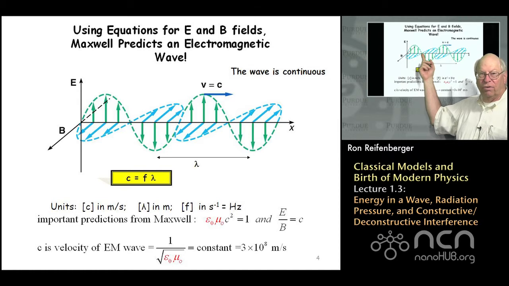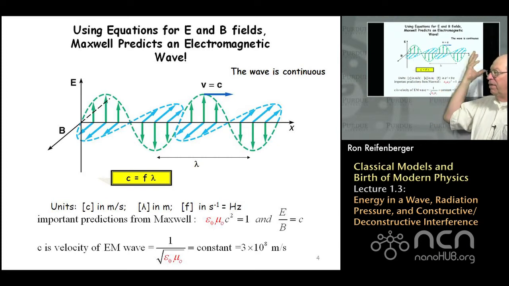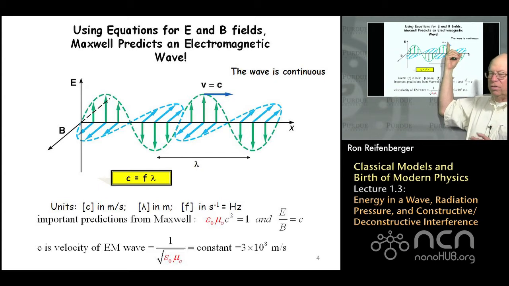Whenever the electric field goes to zero, where there's a node in the electric field, the magnetic field also goes to zero. And this disturbance of electric and magnetic fields moves in space with a velocity v that's designated by this special value c, where c is referred to as the speed of the electromagnetic wave.